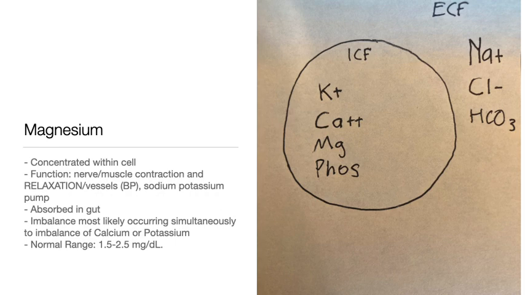Most of it is gained through our diet, absorbed through our gut, and the magnesium imbalances are typically associated with another imbalance, probably calcium or potassium in most cases. We have a very narrow range for magnesium at 1.5 to 2.5 milligrams per deciliter.